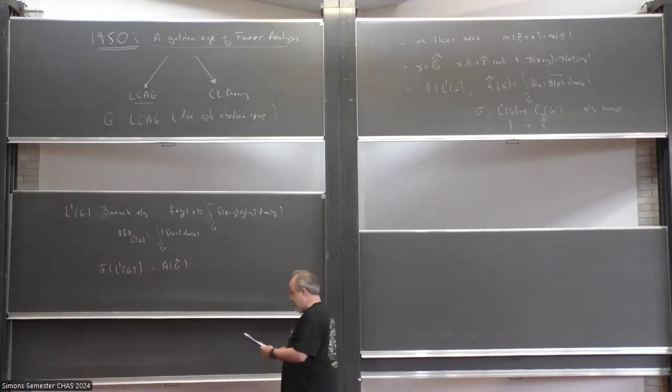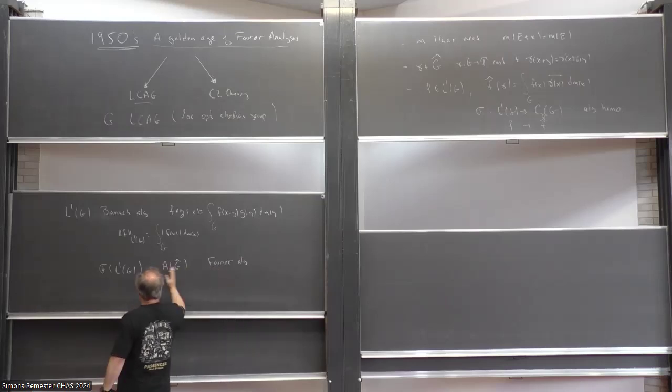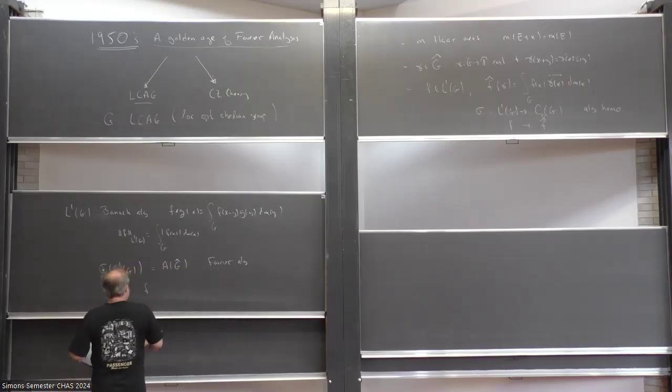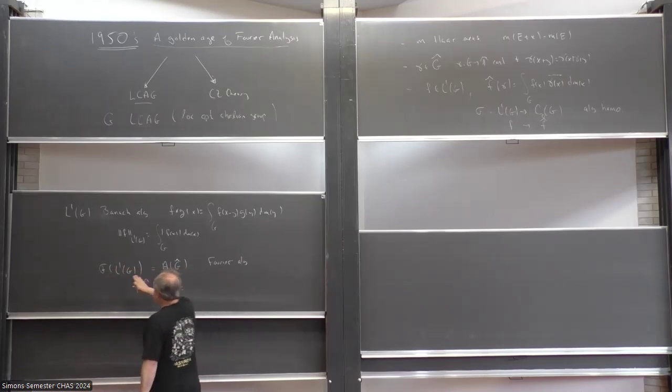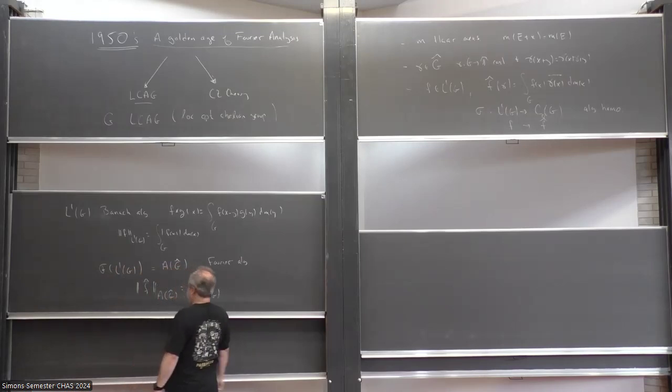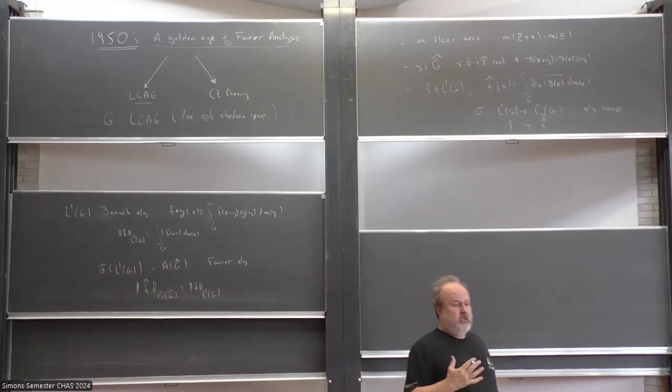We call this the Fourier algebra. It is a Banach algebra as well. An element in here is, by definition, the Fourier transform of some integrable function, and the norm I put on it is just the L1 norm of the function.